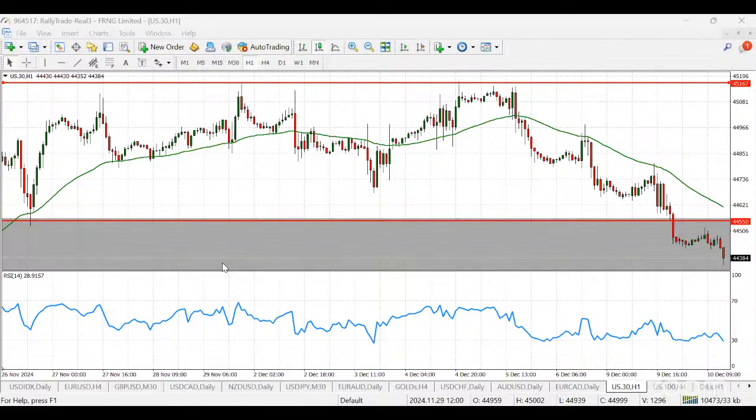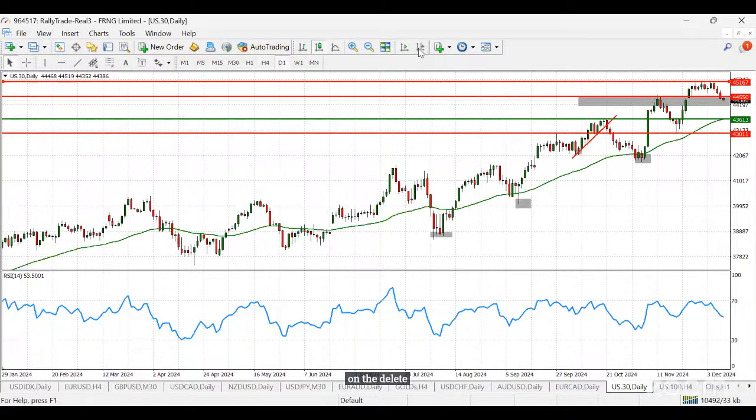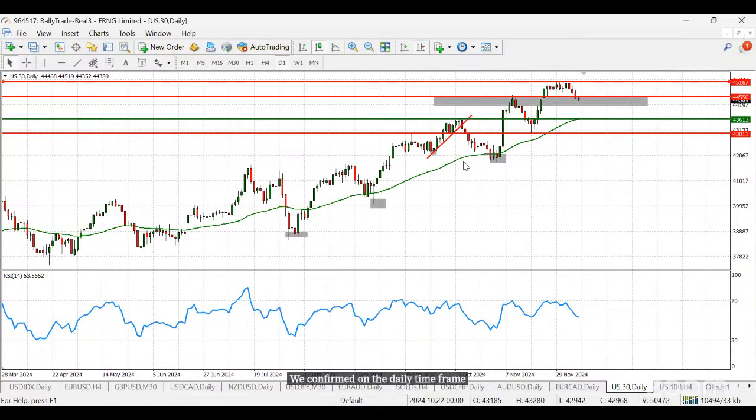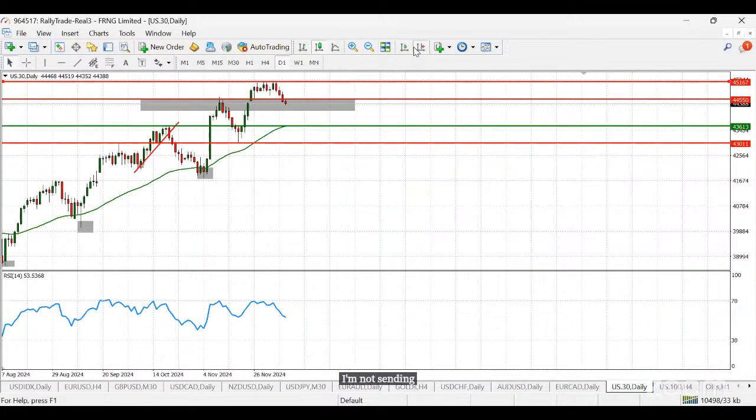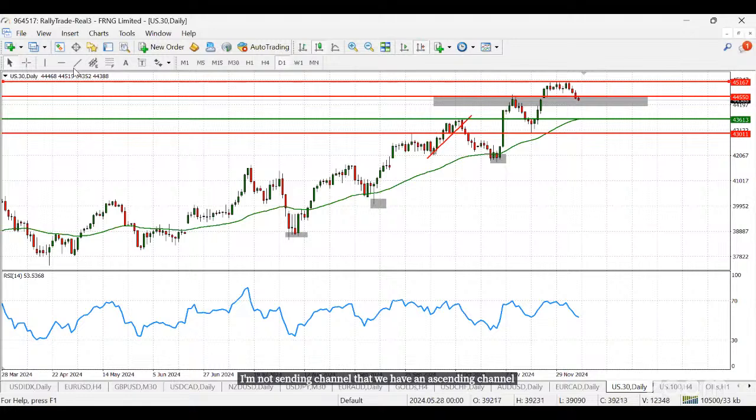So far, I've been talking about the US 30. I started by giving us a brief about the index as a whole, and then we went on to MT4 to check out the technical setup for US 30. And then we confirmed on the daily time frame that we have an ascending channel, which is also not surprising.